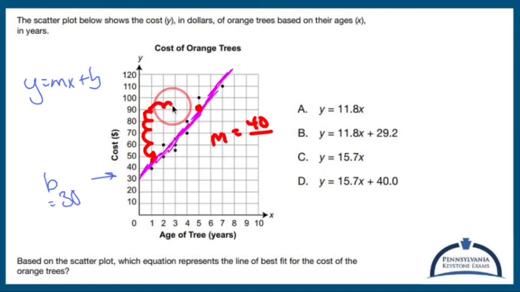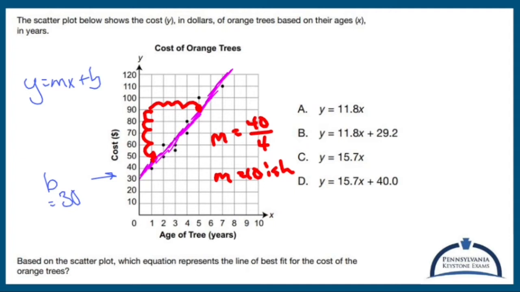So 1, 2, 3, 4. So my slope is 10-ish, knowing very well that it's not 10 because I took 2 points that necessarily weren't exactly on the line, but I wanted to use those points to make it convenient for me when I come up with my answer.